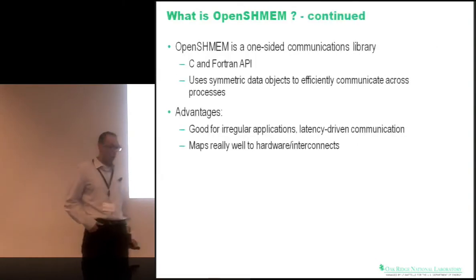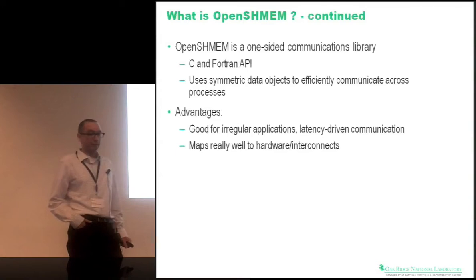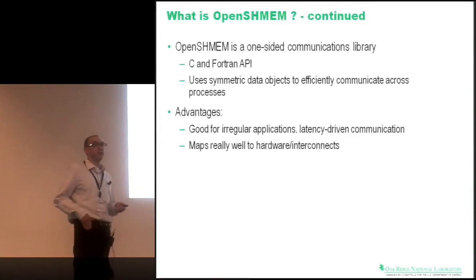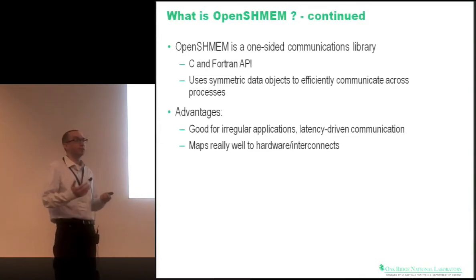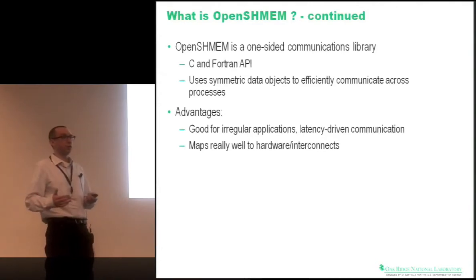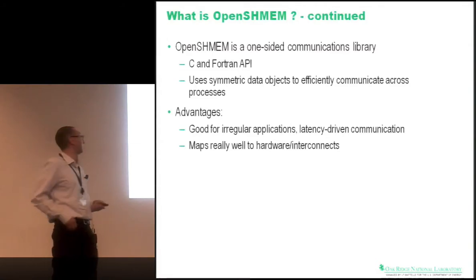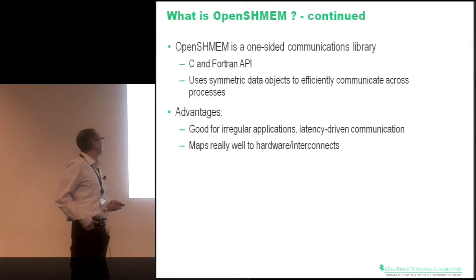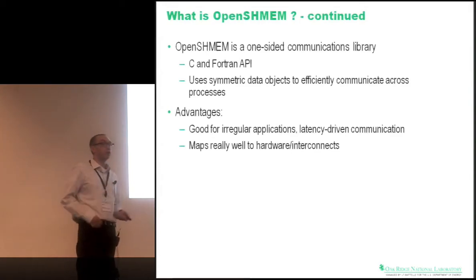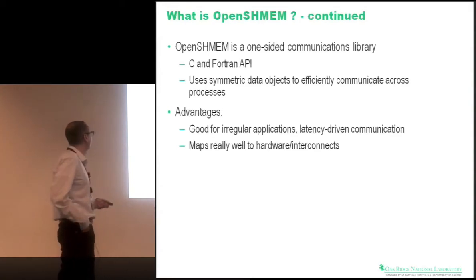OpenSHMEM is a one-sided communication library, in the sense that the operations the library exposes are one-sided: the remote side doesn't have to be involved explicitly in communication. So you don't have to poll and be in the library in order to progress communication. It uses symmetric data objects, as I described, to communicate between different processes.